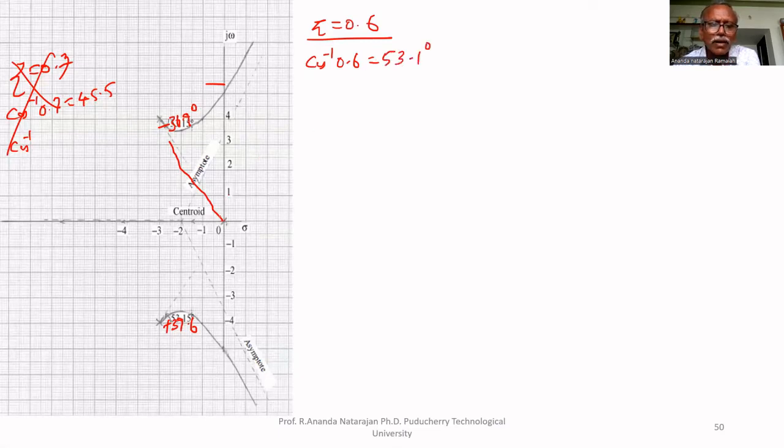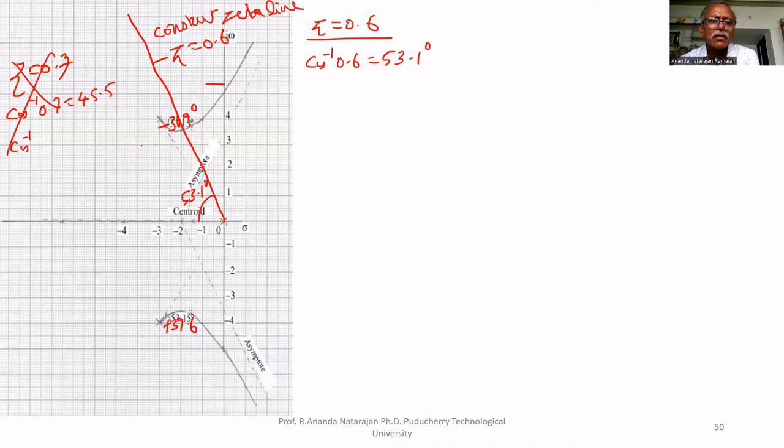So we have to draw a line at an angle of 53.1 degree. This is the constant zeta line, zeta equal to 0.6. Now it intersects at A.